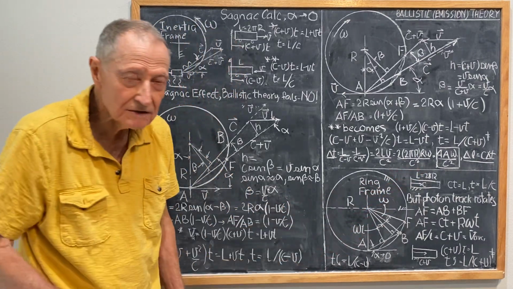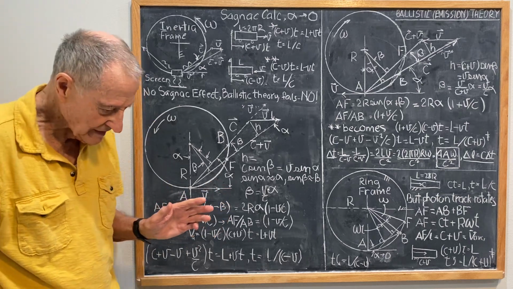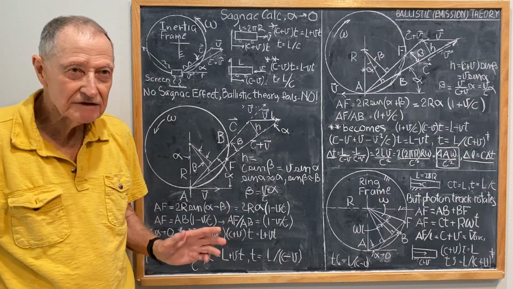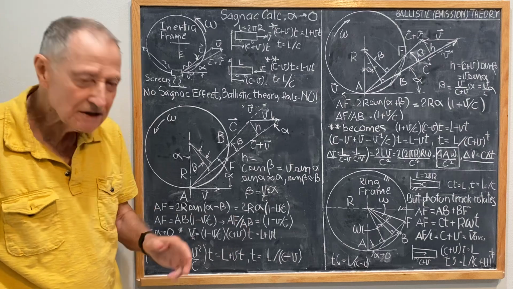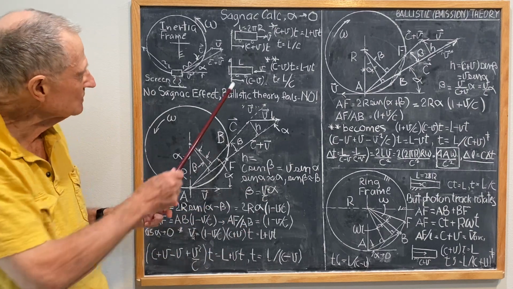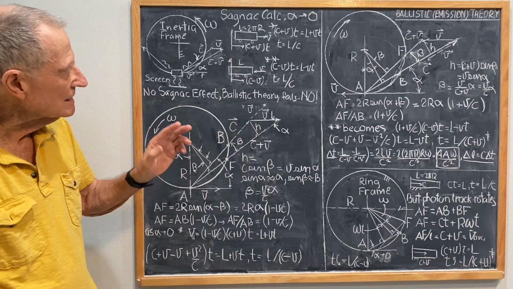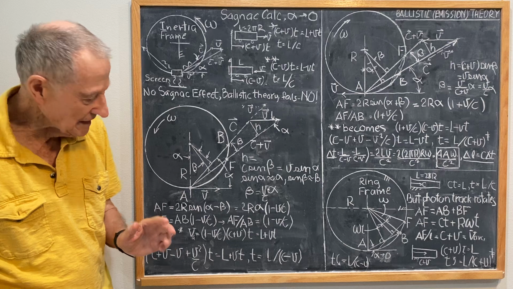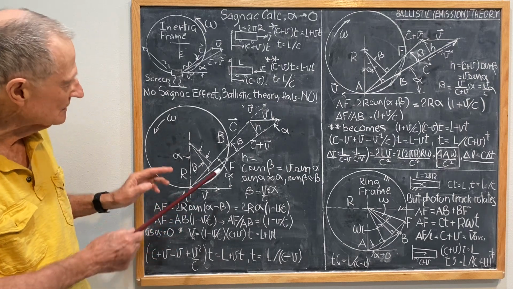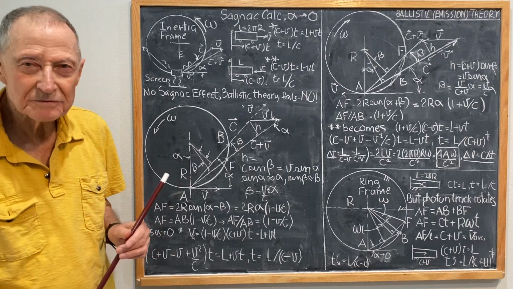And that's a classic result with a completely logical explanation instead of all the explanations I've seen. They simply assume that the absolute velocity here is c, and then everything follows. Well, that assumption is right in the sense that it's a result of the ballistic theory or the emission theory.